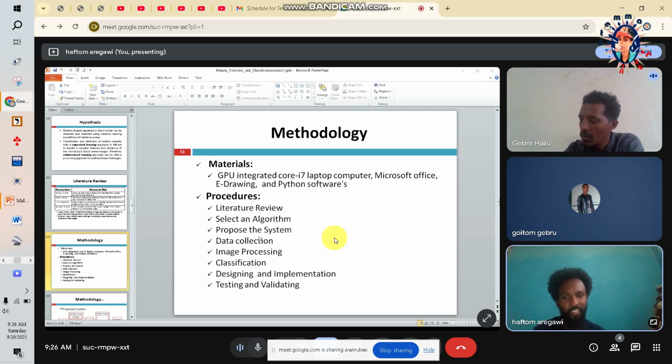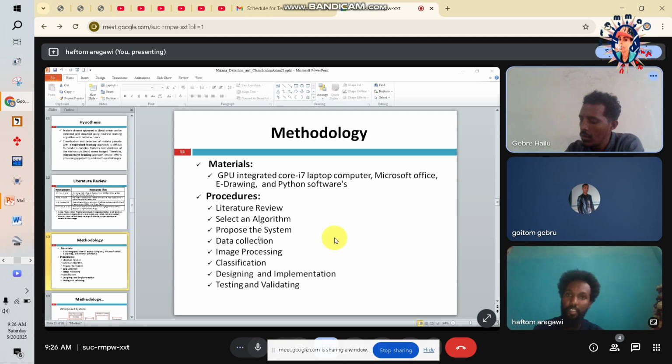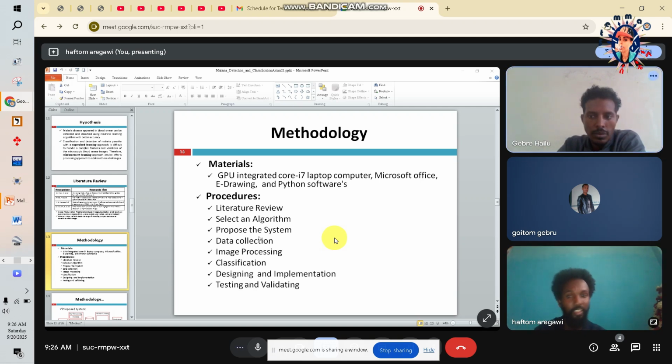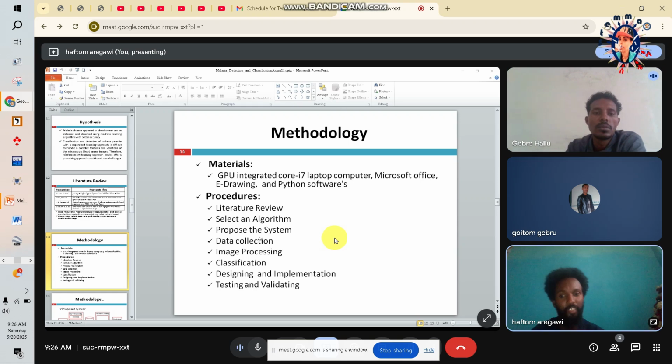Then the third step, we propose a system. The data is collected from different hospitals, especially from Adigrat, Kidist Mariam Hospital, Aksum, Shire Hospital, and Tikur Anbessa Hospital. Then we formulate an image processing pipeline, then classification is provided.